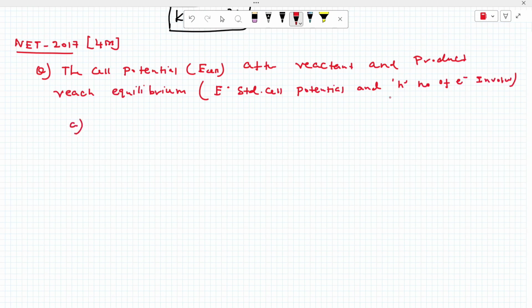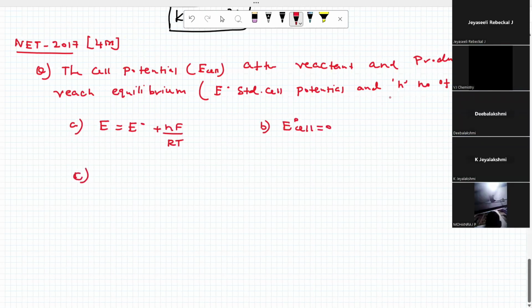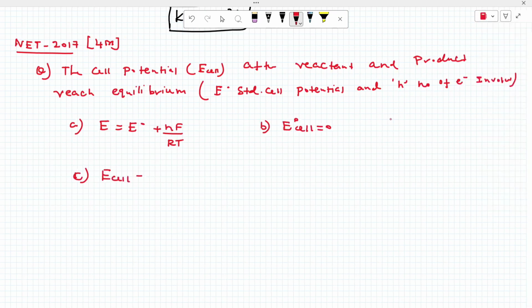Option A: E is equal to E naught plus nF by RT. Option B: E naught cell is equal to 0. Option C: E cell equal to 0. Option D: E equal to E naught. Answer? Simple.